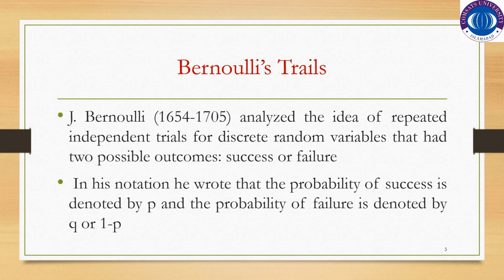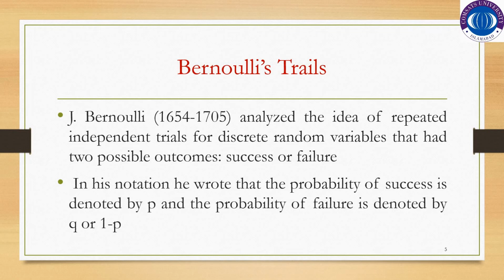And except that, everything else is a failure. For example, if we roll a die and we are interested in the occurrence of 5, then the occurrence of 5 is the success, while if any other number occurs, that is a failure.